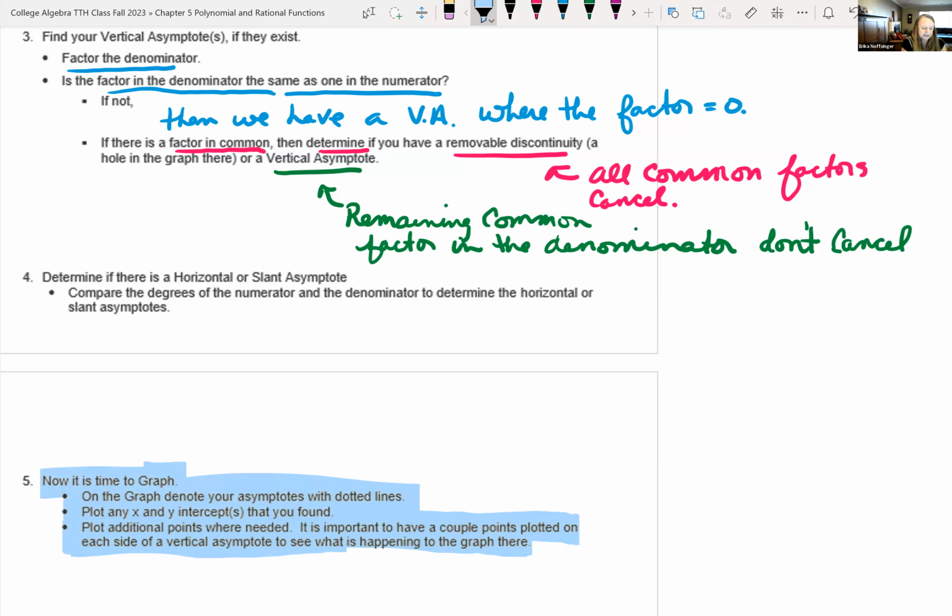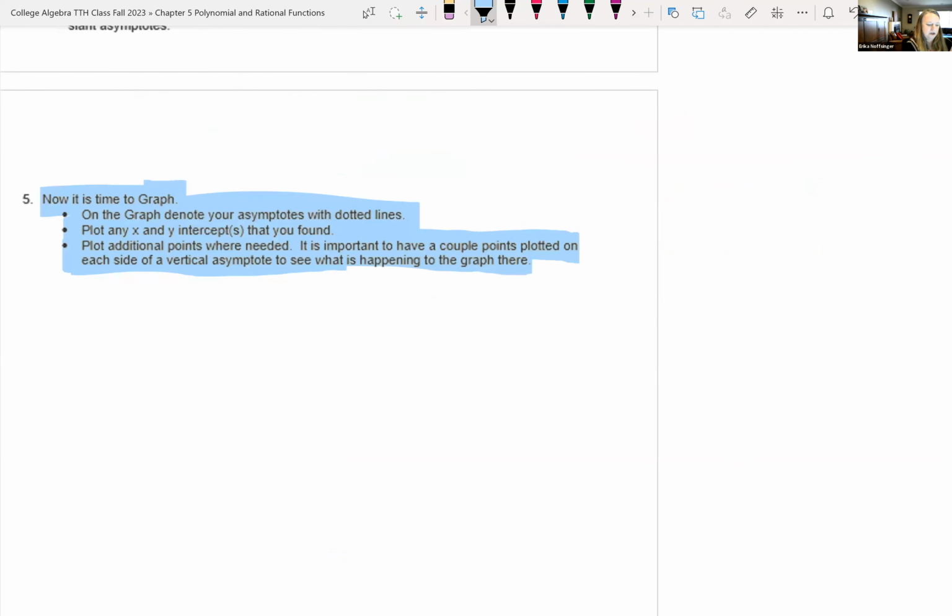Okay, so let's now look at an example putting this all together and graphing some rational functions. Let's say that we have r of x, a rational function.